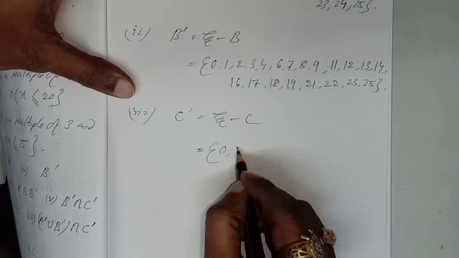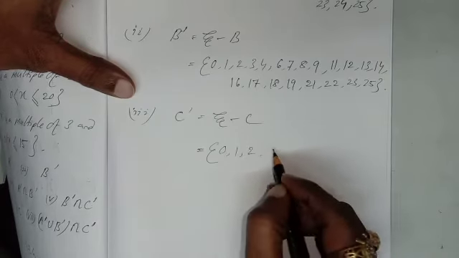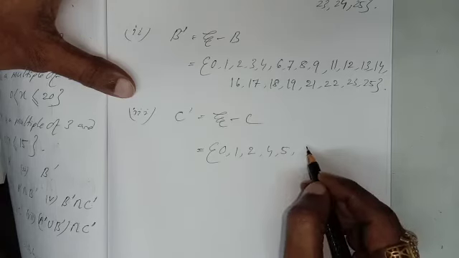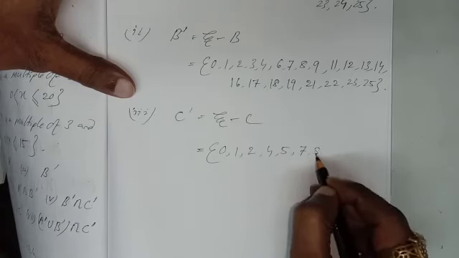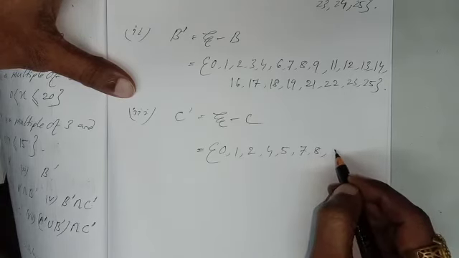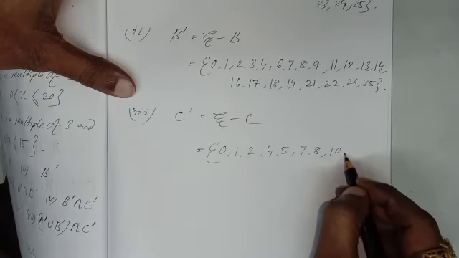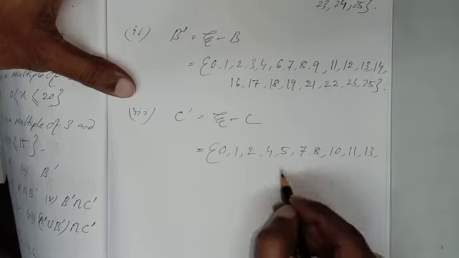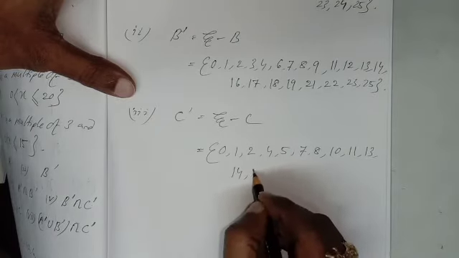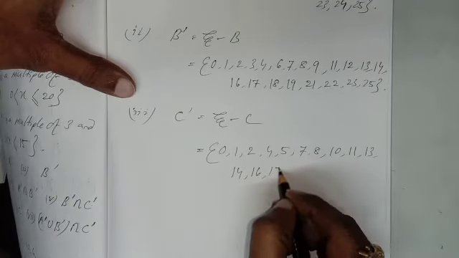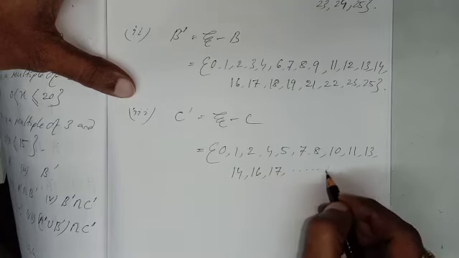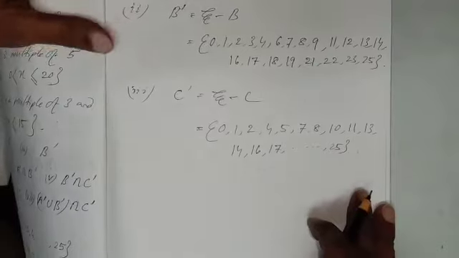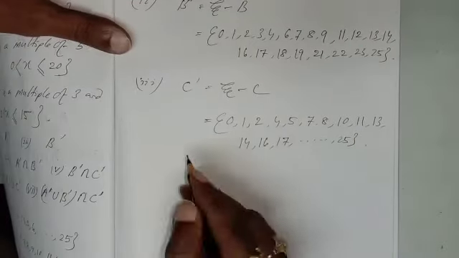That means 0, 1, 2, 4, 5, 7, 8, 10, 11, 13, 14, 16, 17 up to 25. Serially you write. This is called C complement. In this way 3 questions are completed.